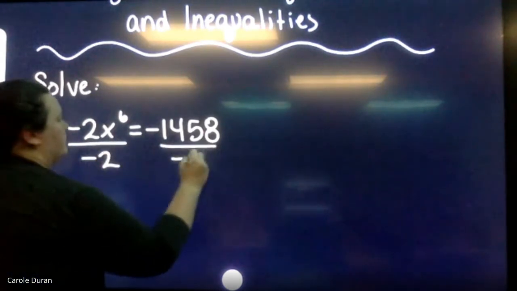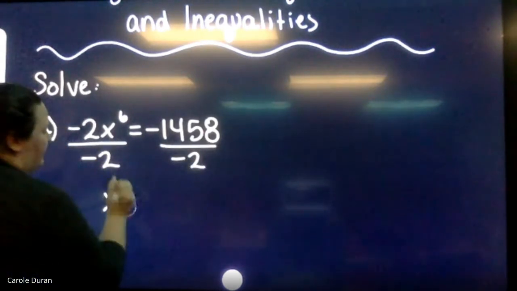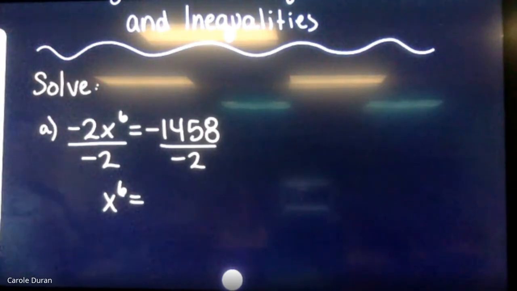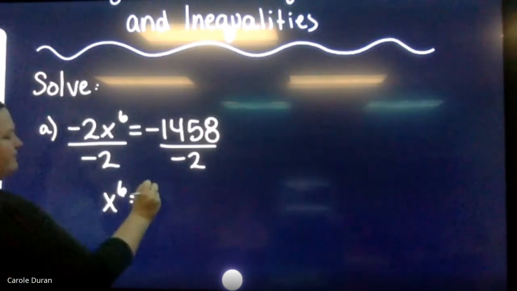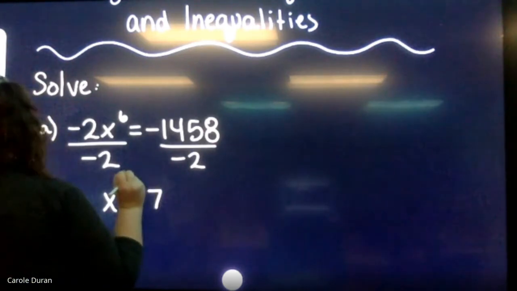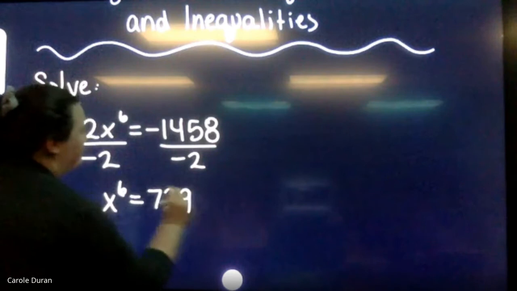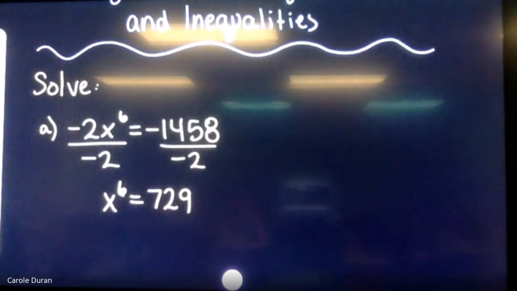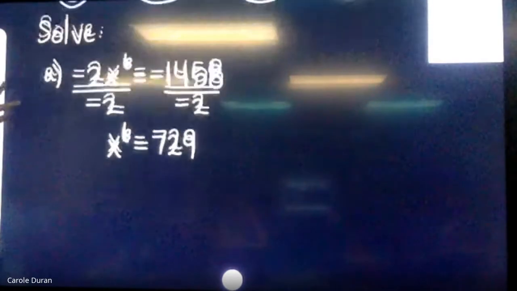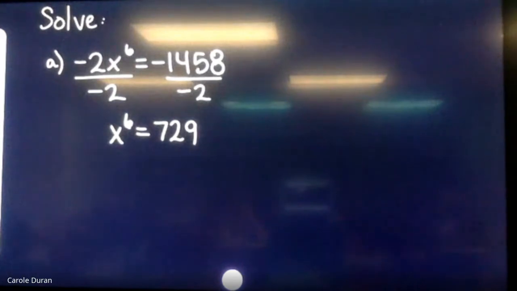Good. So when I do that, I get x to the 6th equals what? Is that actually what it is? It is. 729. Now what would I do?